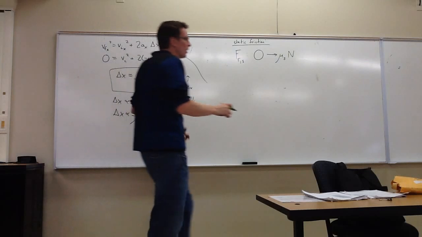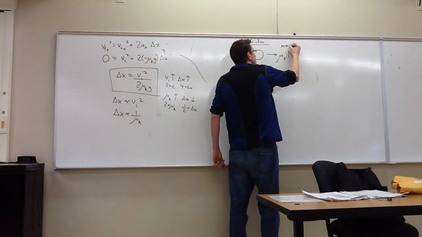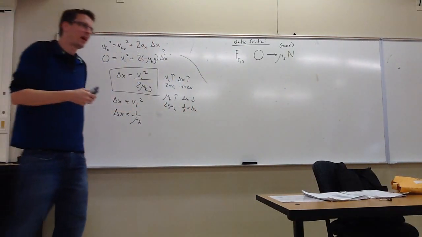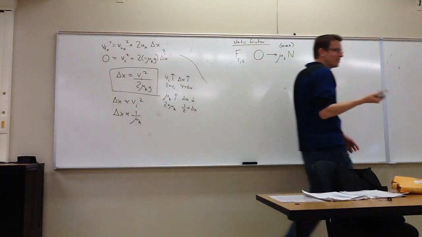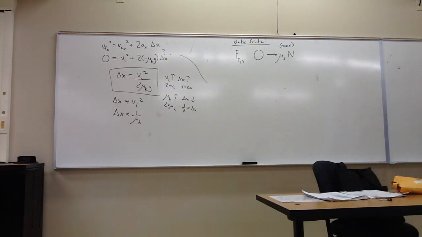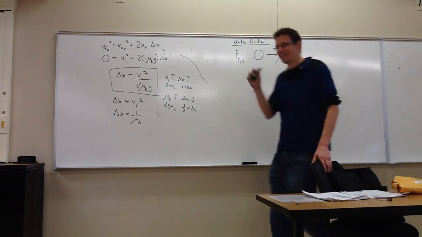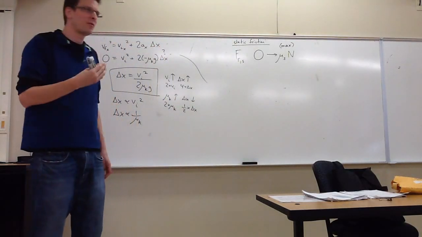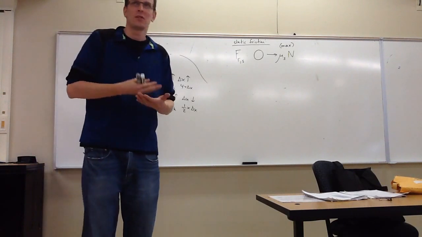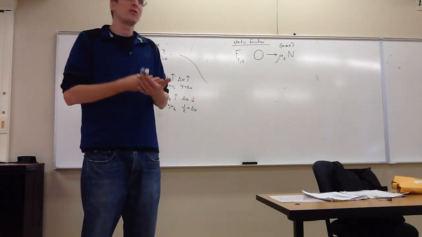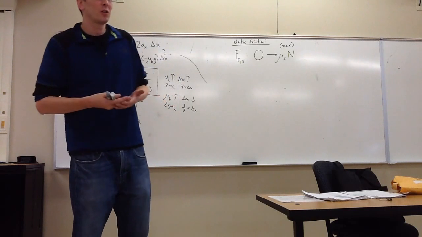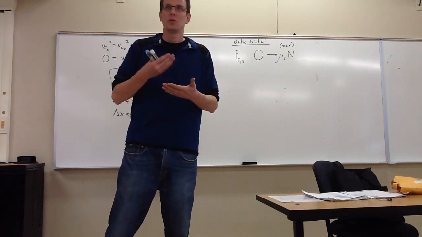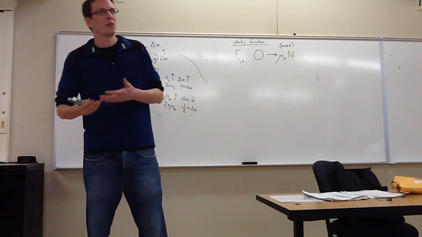So this is the maximum value. Now, as far as how to compute that maximum value, you notice it has very similar features, right? You have n, which again is not newtons, it's not a unit. It is the size of the normal force. So it depends on the size of the normal force. There's also a coefficient of friction, now called the coefficient of static friction, not surprisingly, hopefully. So in order to compute the maximum, it's very similar.